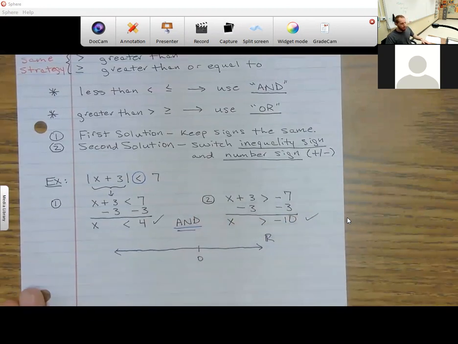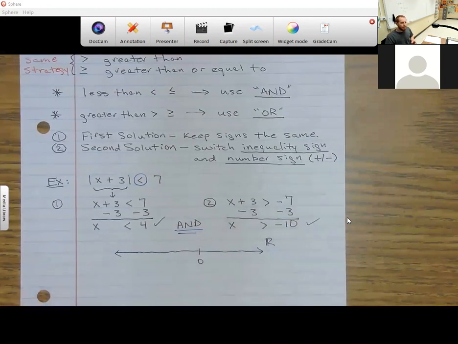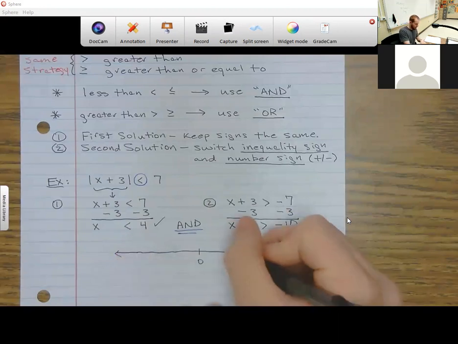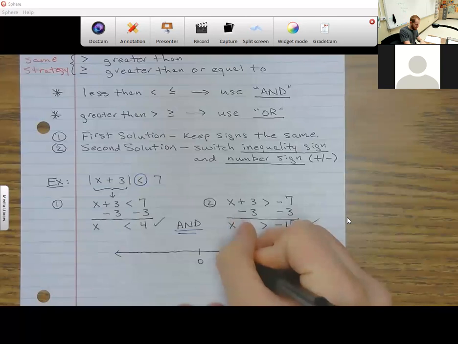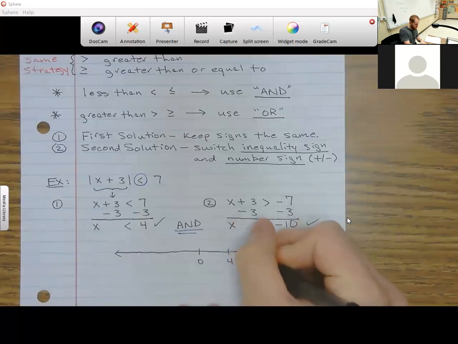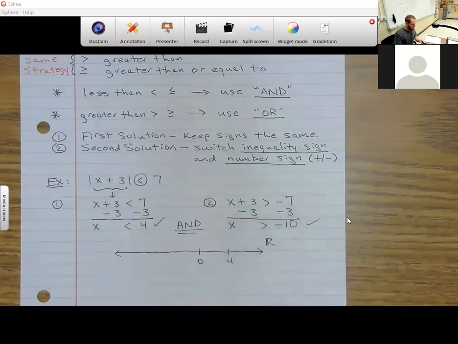So I put down my 0, and then I'm going to take the numbers that I found and put them on the number line, right? So I've got a 4. I could put that right here. 4. And then I have a negative 10. I'm going to put that on the number line too.